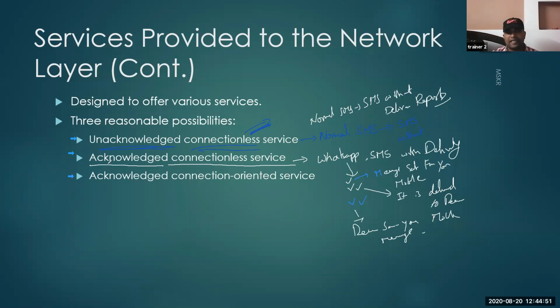Okay, so WhatsApp is an example of an unacknowledged connectionless service, and the other type of service is acknowledged connection oriented service. Normally when you go with connection oriented, obviously you are getting it with acknowledged communication.